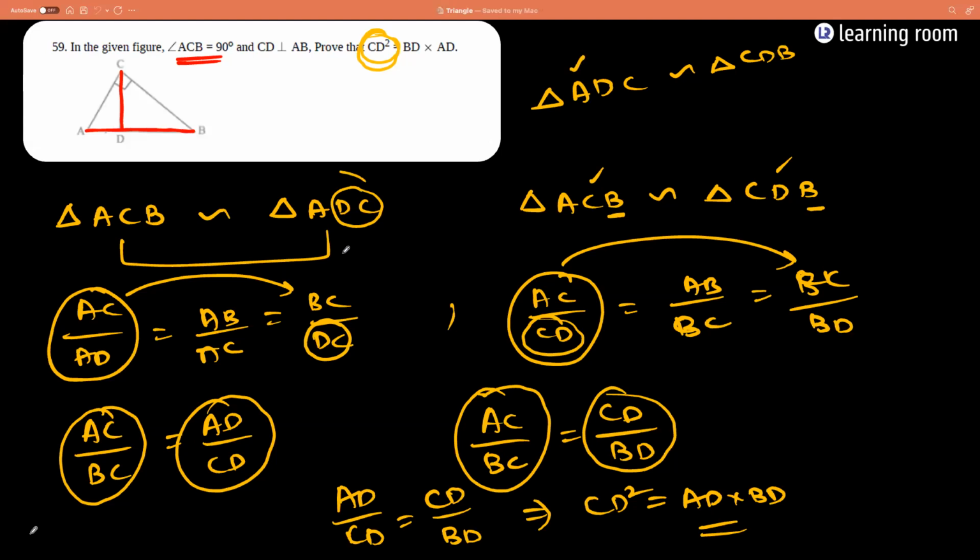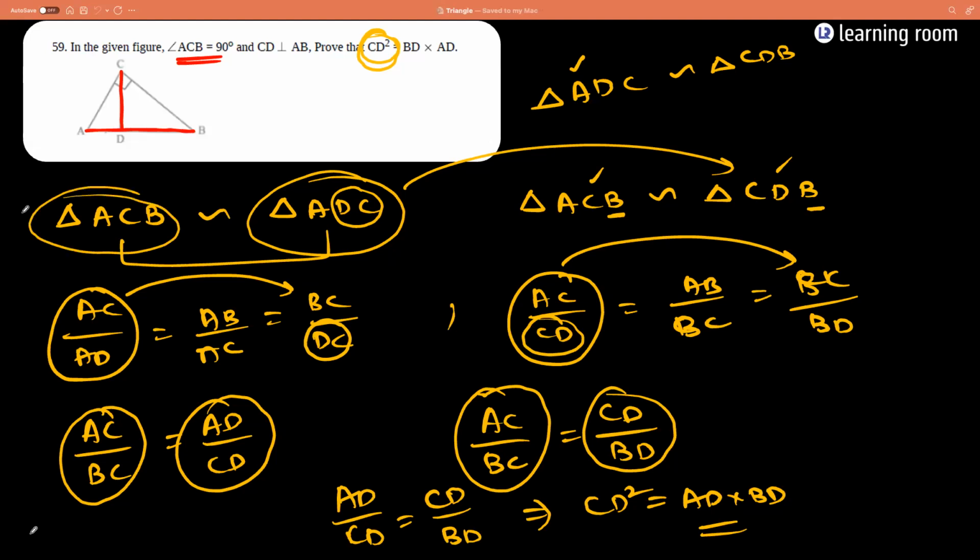Oh, you want to confirm from these two? Yes, sir, that you can do. Because the left hand sides, we directly get AD by CD equal to CD by BD. Yes, you will get it.